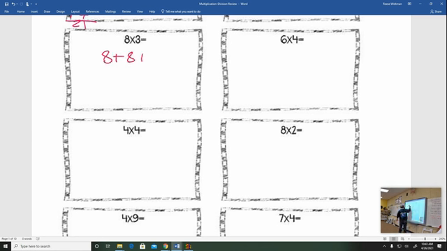That's right. 8 plus 8 plus 8. Now, if you're really good and you remember how to do it, you can skip count by 8s, right? Or you can add them up to get your answer, right? 8 plus 8 is 16. Then after 16, you would add another 8 to it. So what's our answer? 24. That's right.